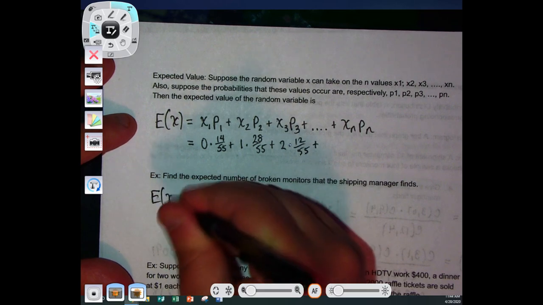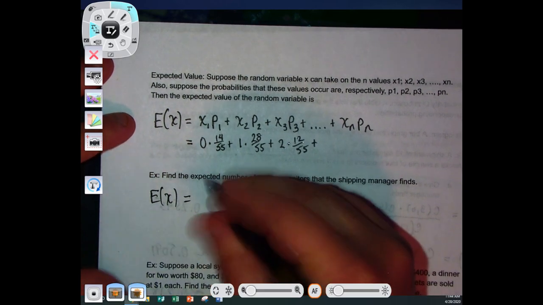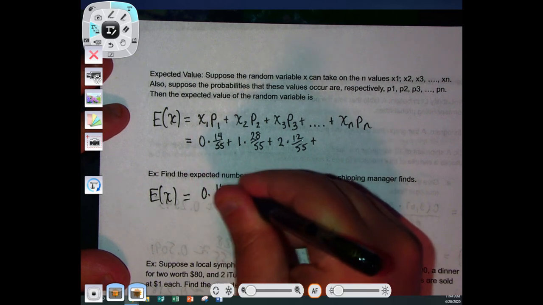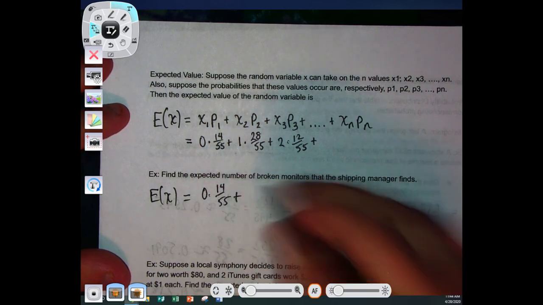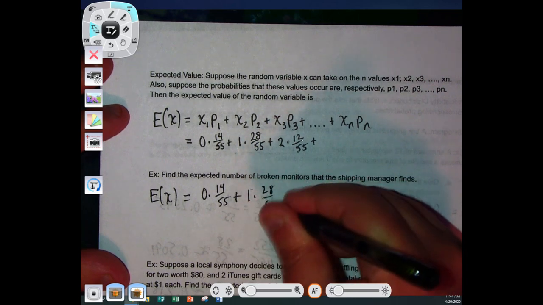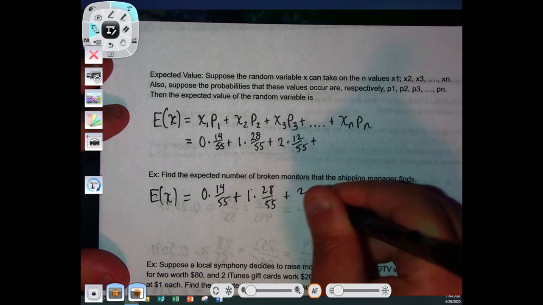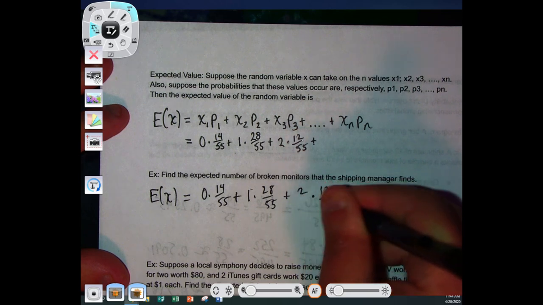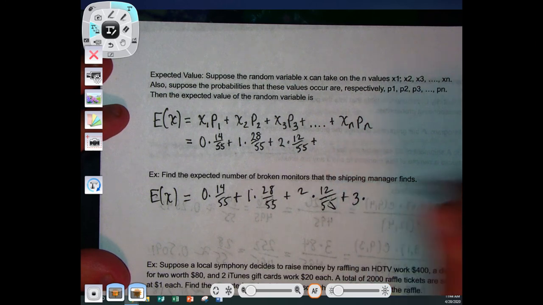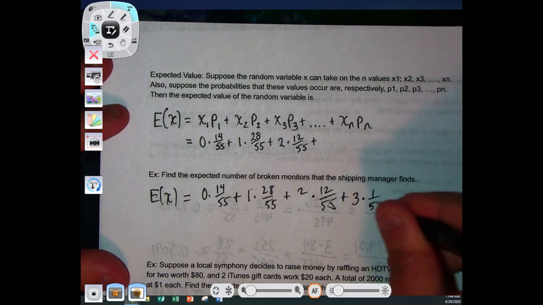So the expected value of x would be our 0 times 14/55 plus our 1 times 28/55 plus 2 times 12/55 plus 3 times 1/55.